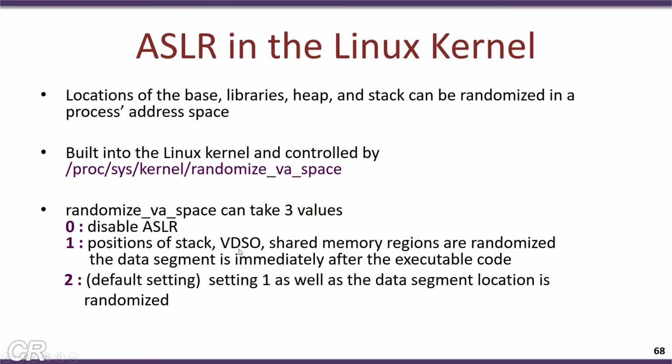Similarly, the positions of the VDSO, shared memory regions, and so on are randomized. With the value of 2, it achieves all the randomization that is achieved with 1, and the data segment locations are also randomized. So, this 2 now is the default setting in most Linux systems.